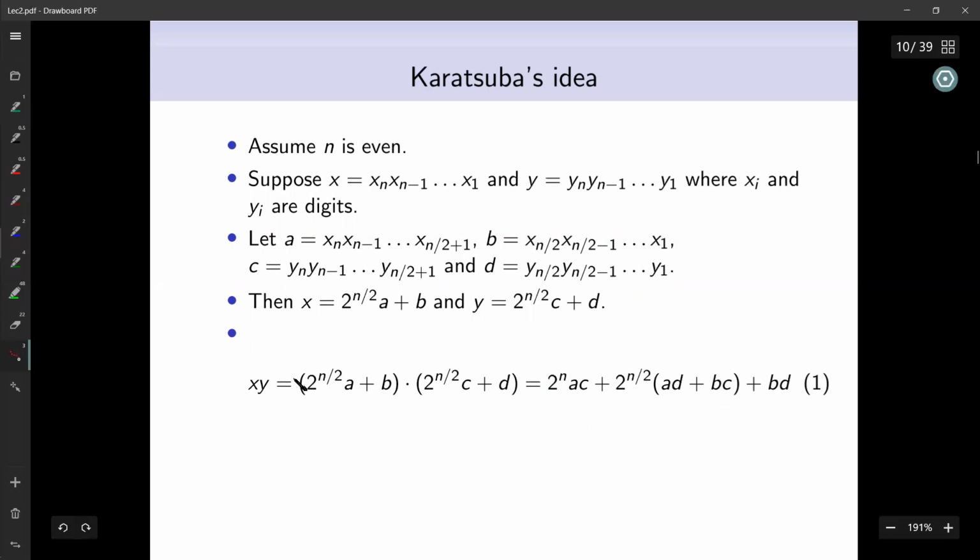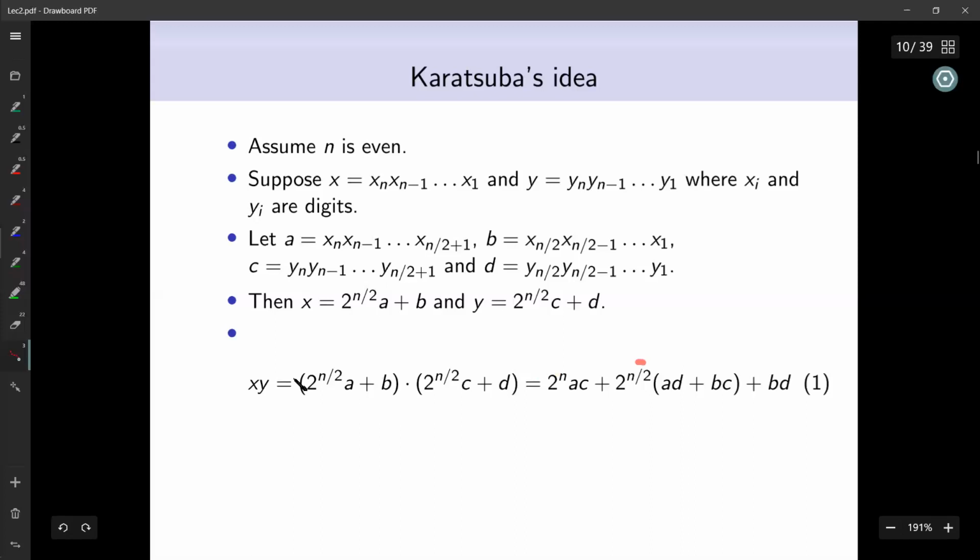Now let's watch this expression closely. Forget about this multiplication by 2 power n. It's actually not a multiplication, right? Multiplication by a power of 2 in binary basically amounts to left shifting the number by so many positions. So here this is a left shift of the value ac by n bit positions.